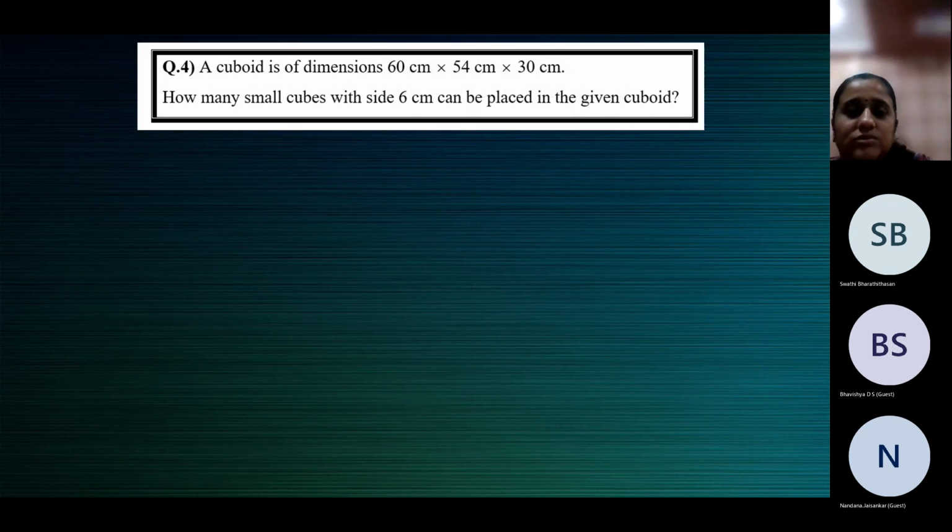Yes, I want you to try this. A cuboid is of dimension 60 centimeter by 54 centimeter by 30 centimeter. How many small cubes with side 6 centimeter can be placed in the given cuboid? Yeah, please try. How will you find the number of small cubes?